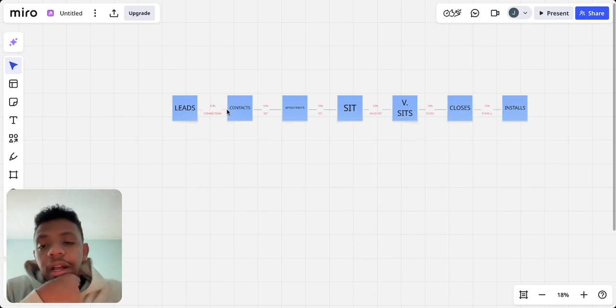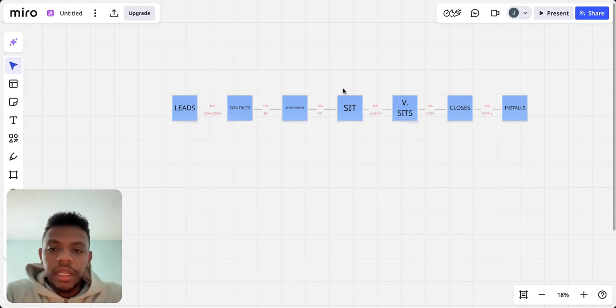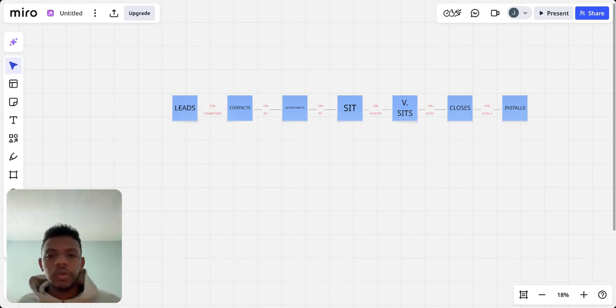So yeah, I think this is the main idea: getting a lead all the way to an install. These are the main KPIs to track, and each one has its own ways to improve, right, on each KPI. So just making sure that whatever's missing, whatever's low, and whether it's low or not, trying to find ways to improve on each and every KPI is a really good way of making sure that we get as many deals as possible.